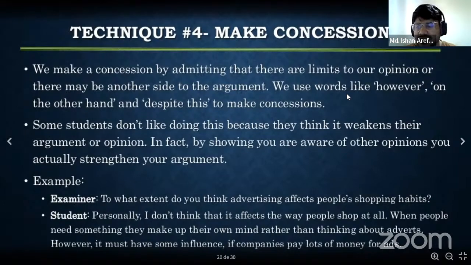So you have given your explanation. Now you are trying to make a concession by using the word however. So you're trying to mention the other opinion as well, that is making concessions. So you can say that however, it must have some influence if companies pay lots of money for ads.